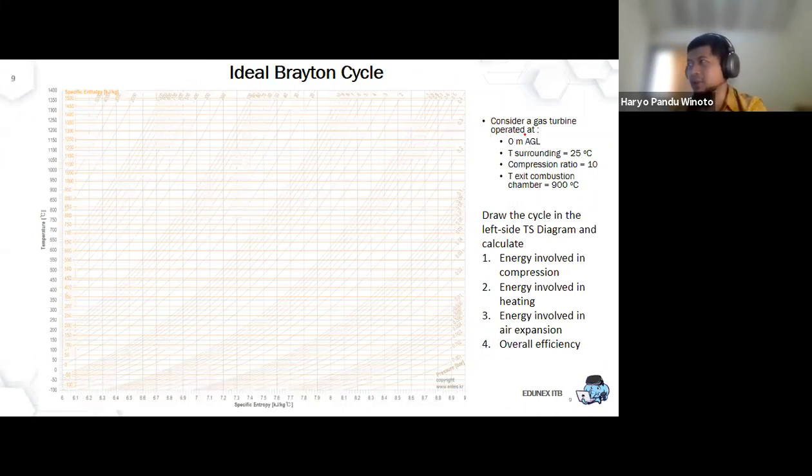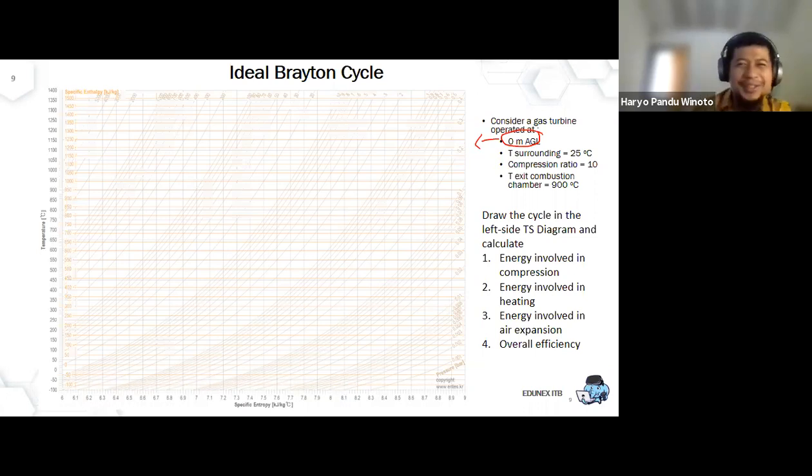Consider a gas turbine operated at 0 meter AGL, above ground level. So it's really near to the sea, suppose. So what is the pressure at 0 meter AGL? What is the atmospheric pressure in there?